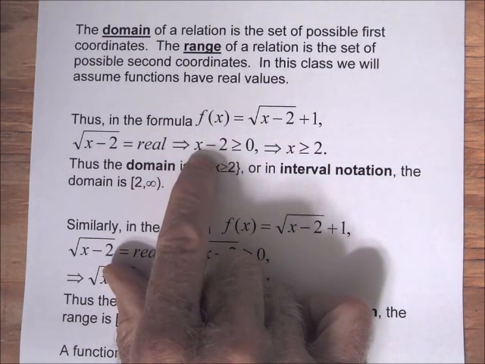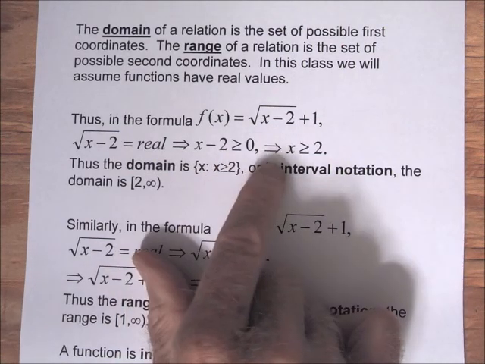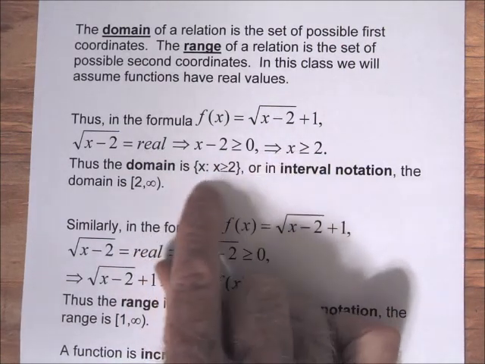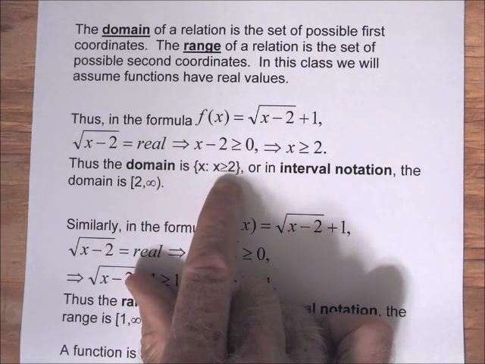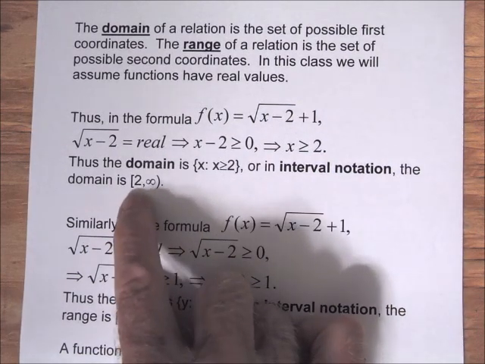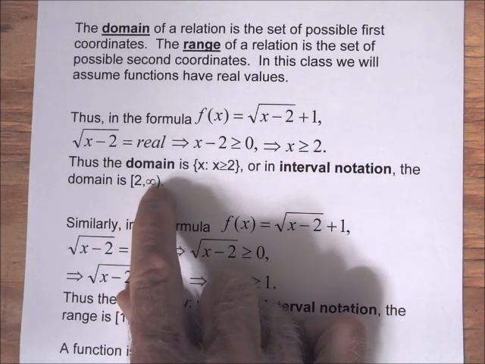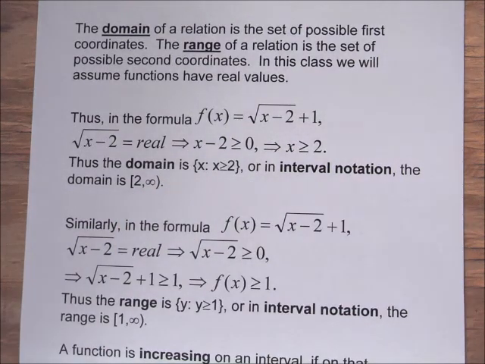So that means x minus 2 has to be greater than or equal to 0, which means that x is greater than or equal to 2. So the domain is the set of x such that x is greater than or equal to 2. Or in interval notation, it's a square bracket 2 and then a round bracket at infinity. It means the domain goes from 2 out to infinity. It includes 2, but does not include infinity.